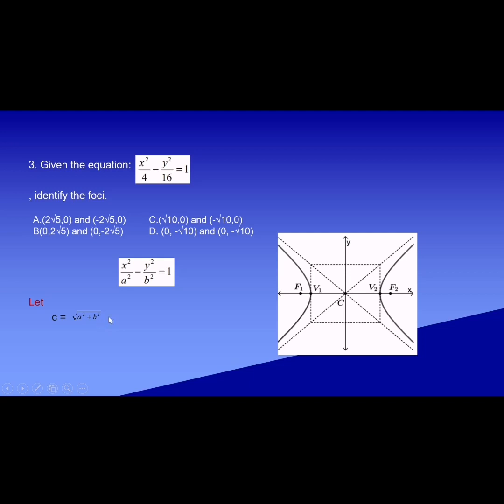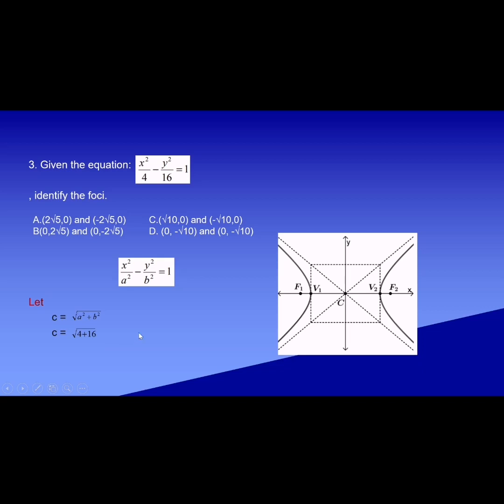So this is another point for the focus. So c is equal to square root of 4 plus 16. The value of a squared is 4 in our given equations, and b squared is 16.